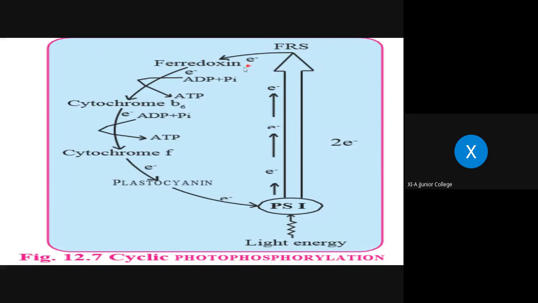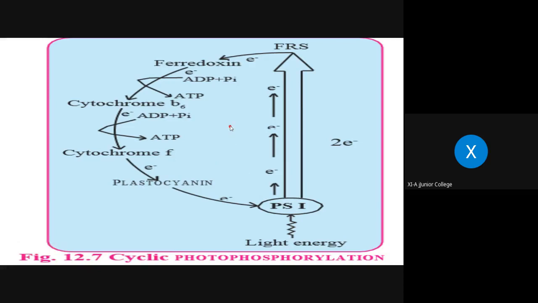Then they are transferred to ferredoxin, then from ferredoxin to cytochrome B6, and then cytochrome F, then accepted by plastocyanin, and from there the same electron comes back to the chlorophyll A of pigment system 1. So this is the cyclic manner of electron transfer. That's why this is called cyclic photophosphorylation.